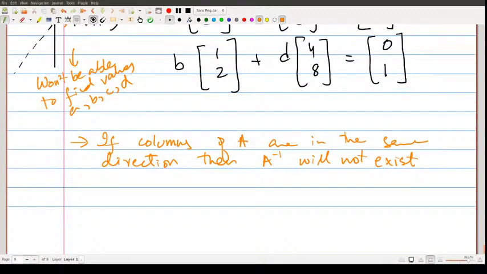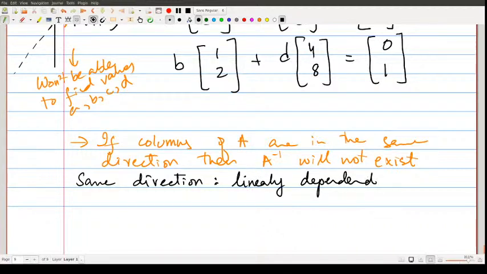And at this point I want to introduce a terminology that I have not used so far. When we say that they're in the same direction, we use a term which is that the vectors are linearly dependent, right?